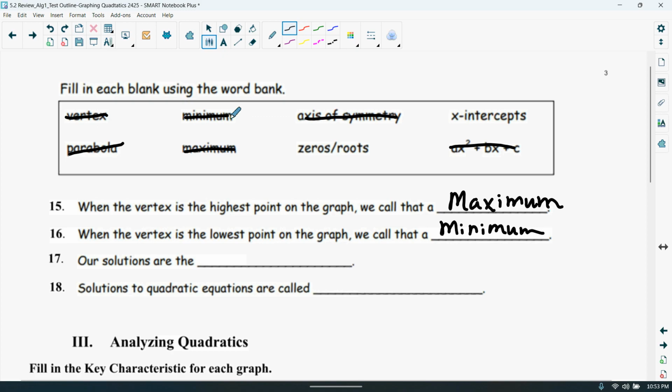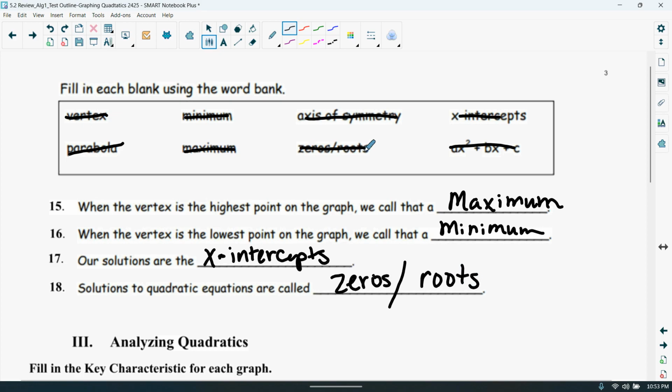Our solutions are the x-intercepts. Okay. And solutions are also called zeros or roots.